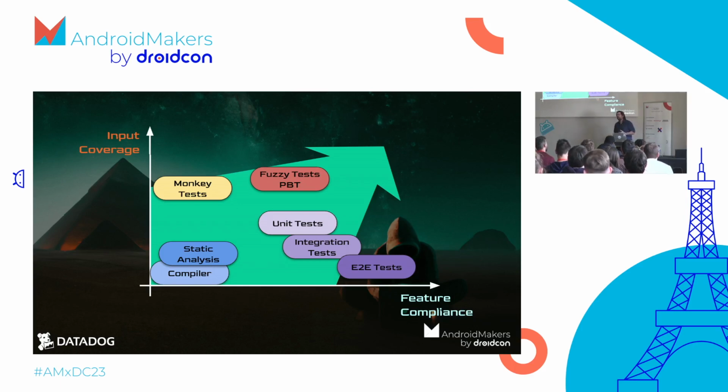This needs a shift in the mindset, so it's a bit harder to write tests that are going to use that, but this can help you have much, much more coverage in terms of inputs while also staying true to testing the feature compliance. And the good thing is that fuzzy testing and property-based testing can be used for all the unit tests, integration tests, and end-to-end tests. So you can use that everywhere and try to have a better coverage of your input.